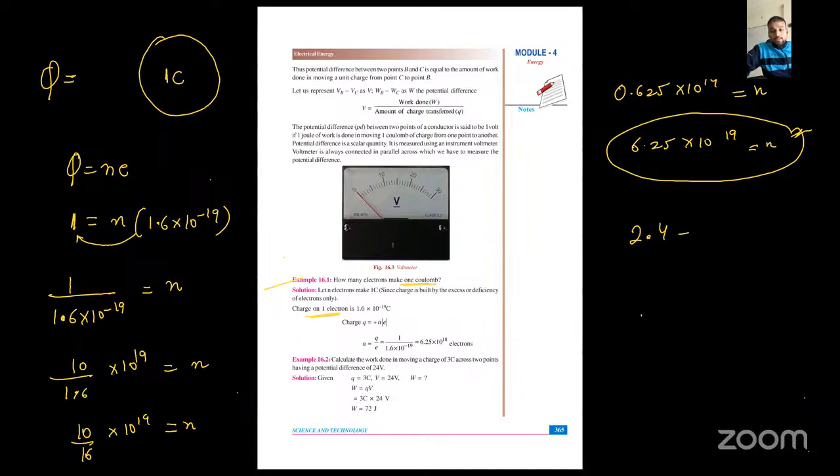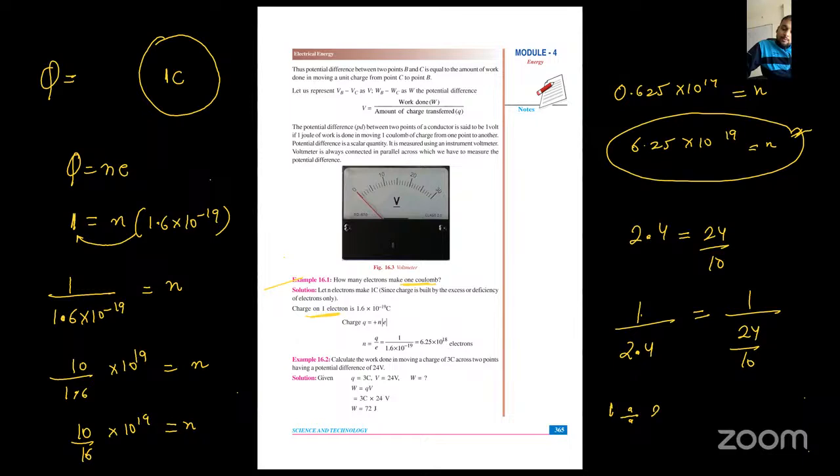So, how will you write in the form of fraction? 24 by 10. Very good. And if 1 upon 2.4 is given, then how will you write? 1 upon 24 by 10. So you can write like this also, 1 upon 24 by 10.